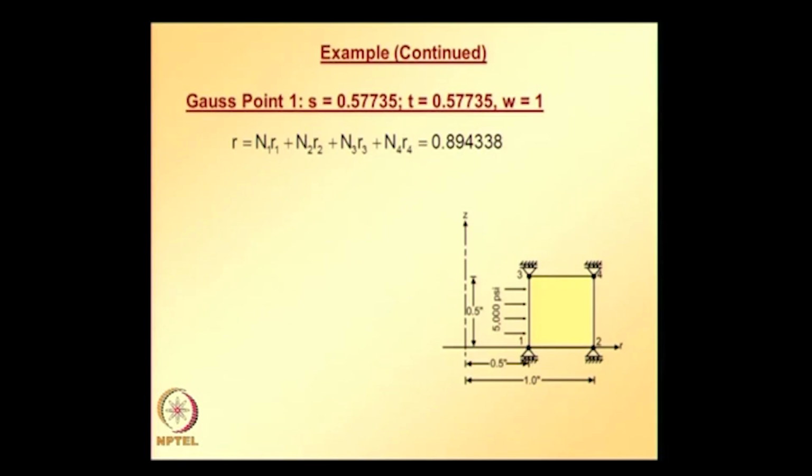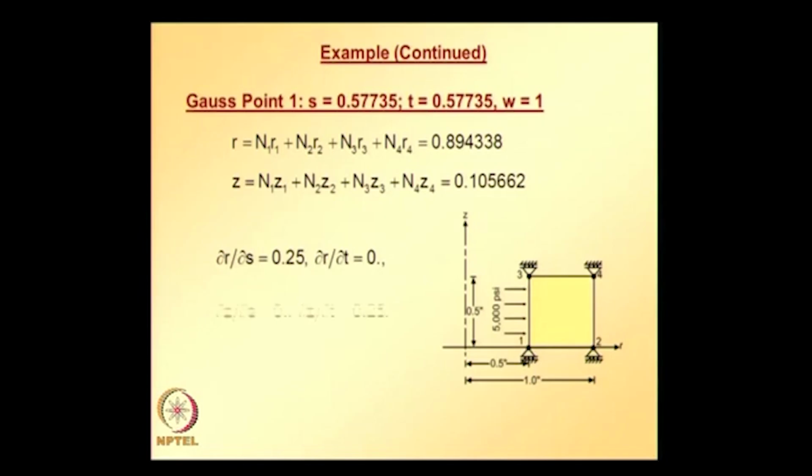Since R1, R2, R3, R4 are already known for this particular element, similarly the Z coordinate for this integration point is given by this, and these are required to calculate the rest of the quantities: the partial derivative of R with respect to S, of R with respect to T, and similarly the partial derivative of Z with respect to S and Z with respect to T.